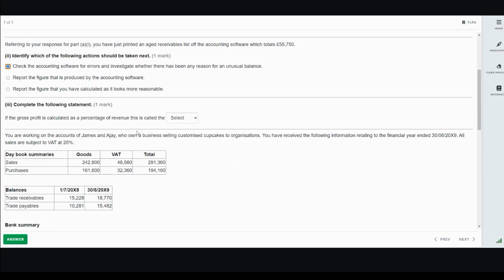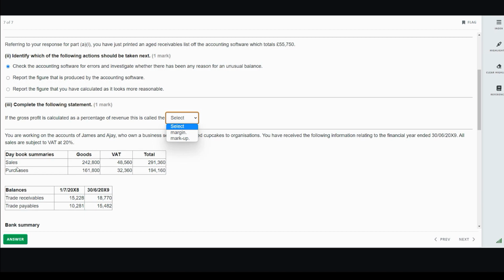Okay then, the next one: if the gross profit is calculated as a percentage of revenue, this is called the markup or margin. If gross profit is calculated and you've got your revenue figure, within that revenue figure you've got your gross profit percentage.